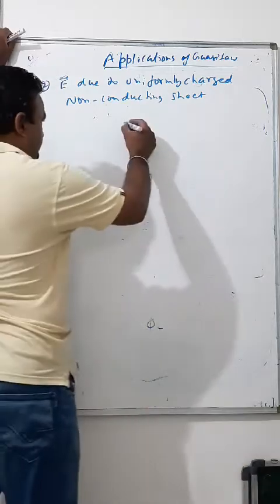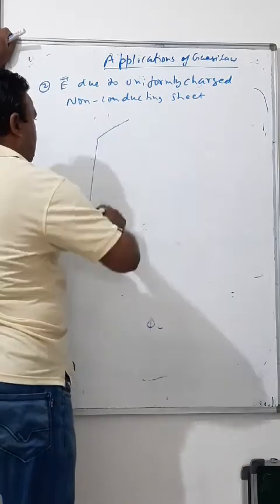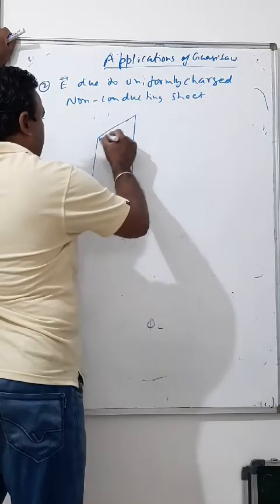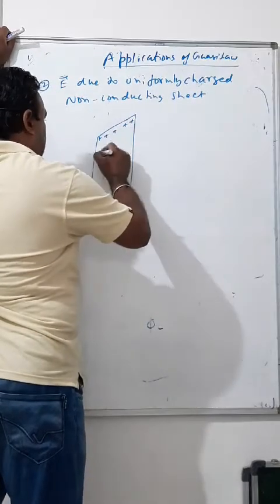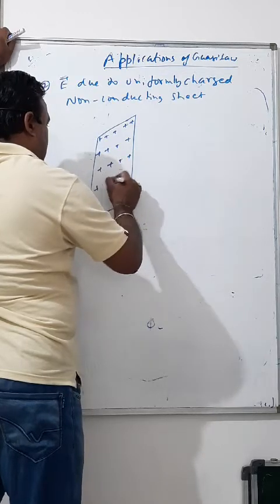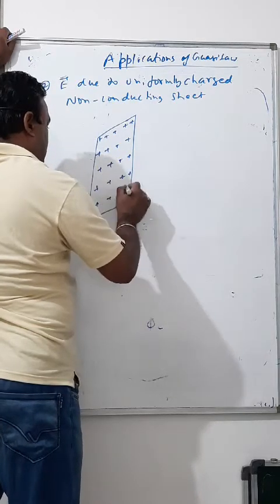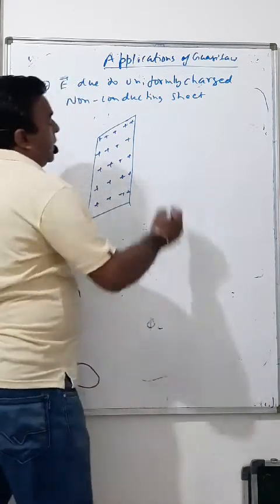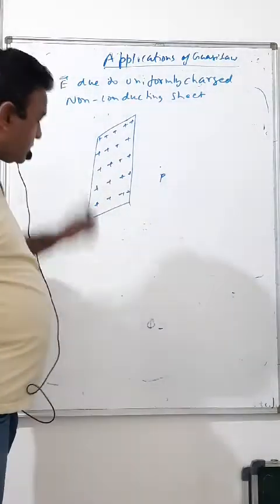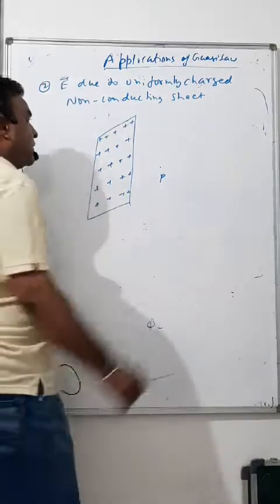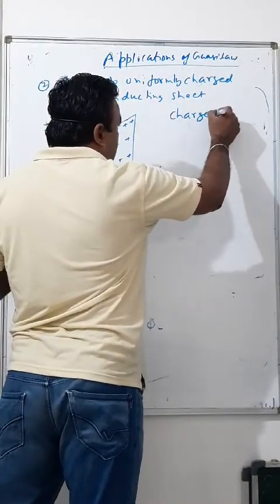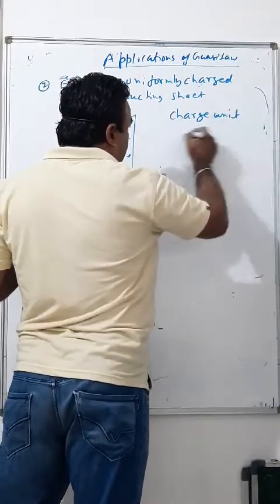Look, I have this sheet of charge. I want to find the electric field at this point B. This sheet of charge has charge per unit area.